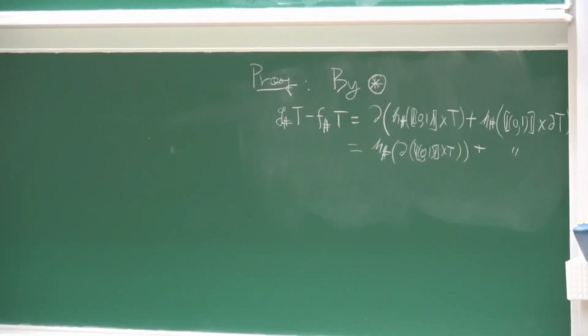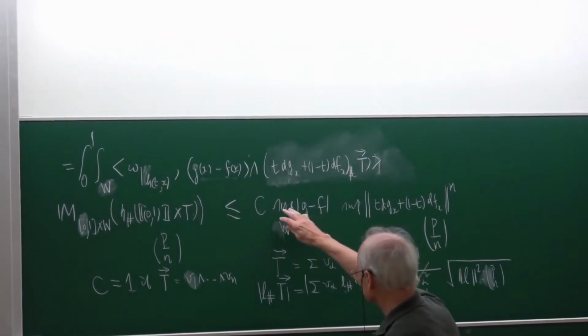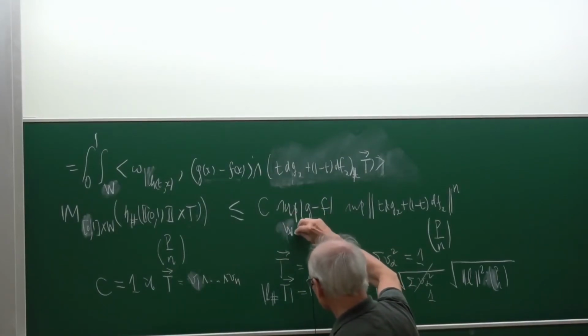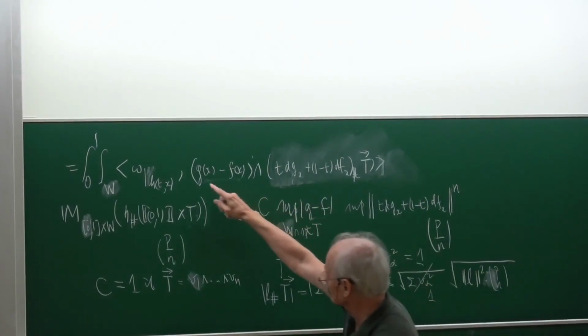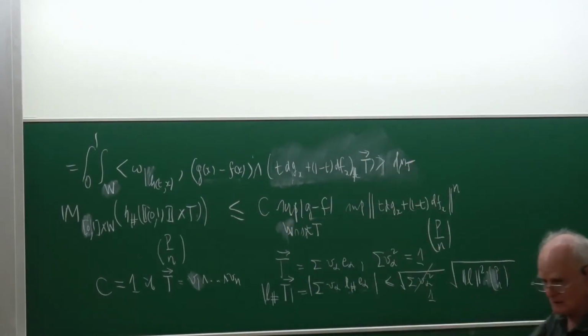The mass of H sharp pushing any current forward, as long as it has finite mass, is less than or equal to the sup over W intersect the support of T. Sorry, I should have said W intersect the support of T, because this only involves the support of T, since we are integrating with respect to the measure mu T. So you get 0 for almost all points which are not in the support.